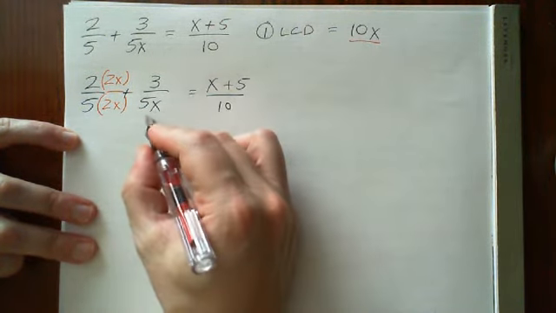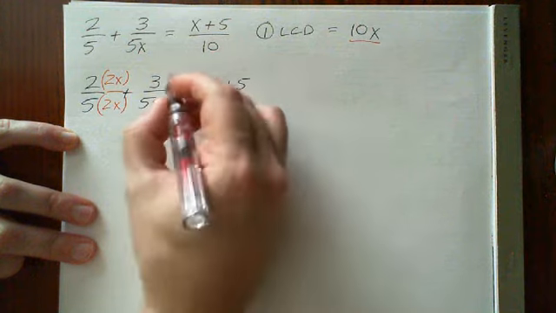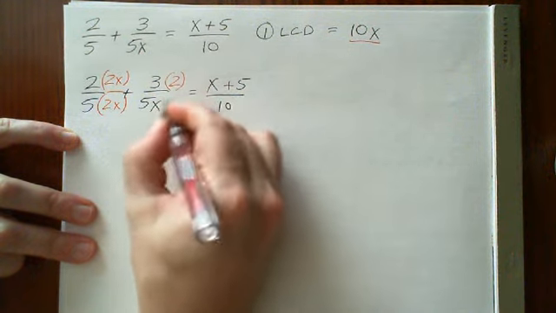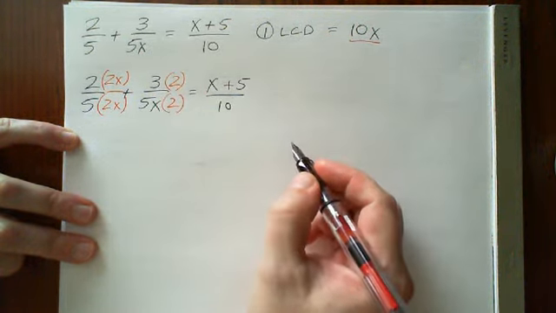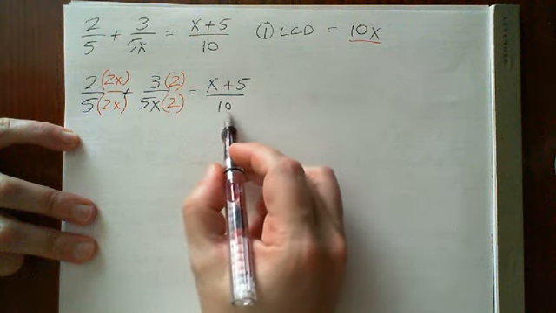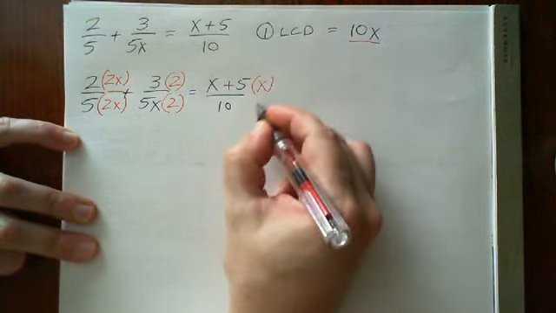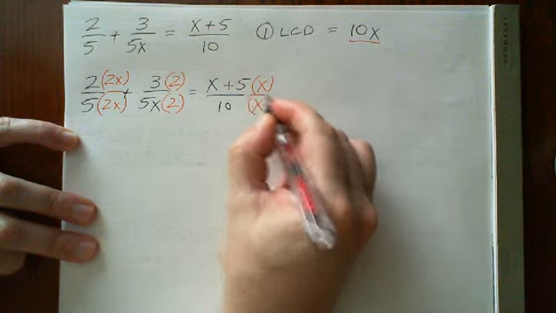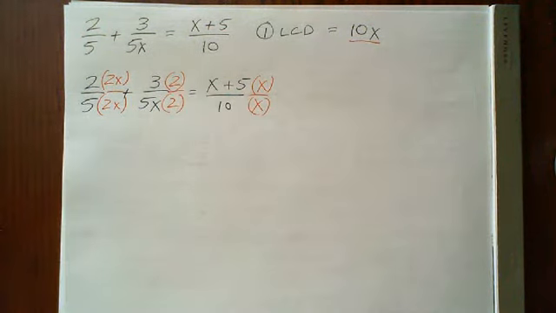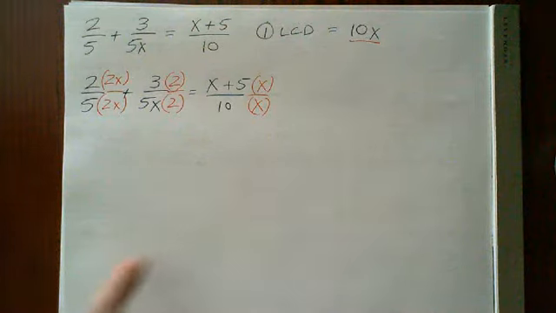So here I've got a 5x, I need it to be 10x. I'm going to multiply top and bottom by 2. Here I've got a 10, so I'm just going to multiply the top and bottom by x. So again, I've multiplied every value here by 1 technically, since x over x is 1, 2 over 2 is 1, 2x over 2x is also 1.